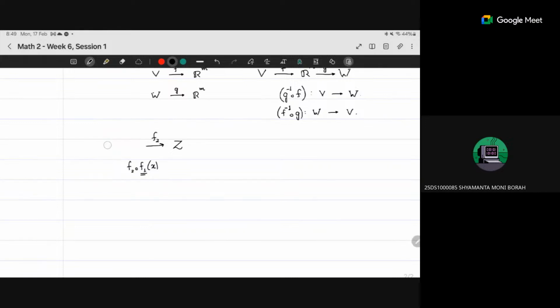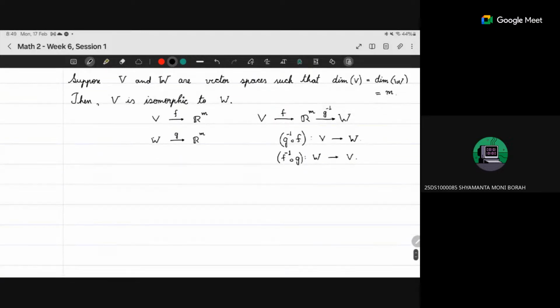This is just a notational thing that you need to get used to. It's intuitive, but counterintuitive in the usual way that things are. In general, we write F2 of F1 of X. In this case, F2 is G inverse and F1 is F. So it is G inverse of F. And for the reverse map, it is F inverse of G. Is that okay?